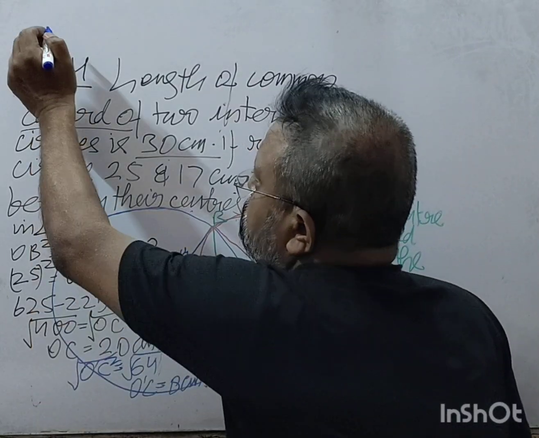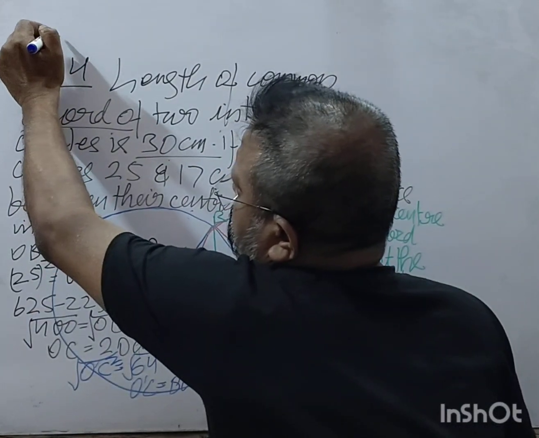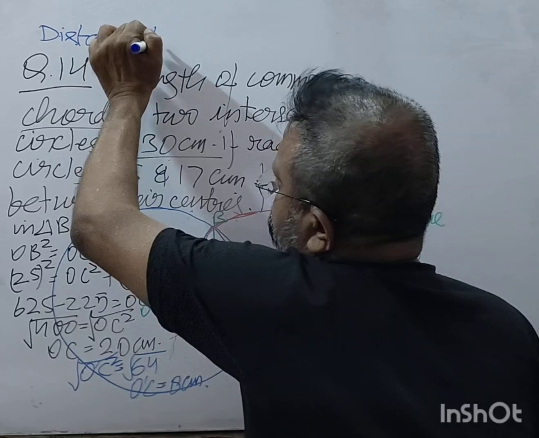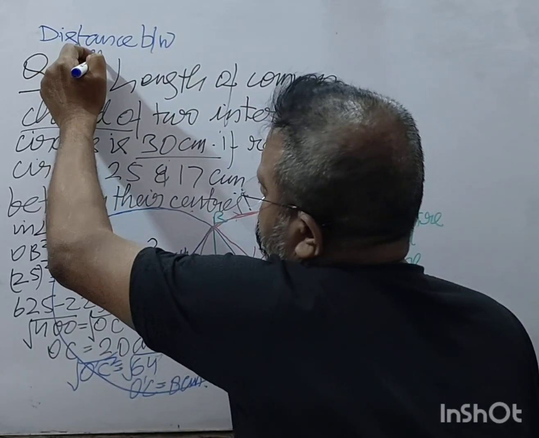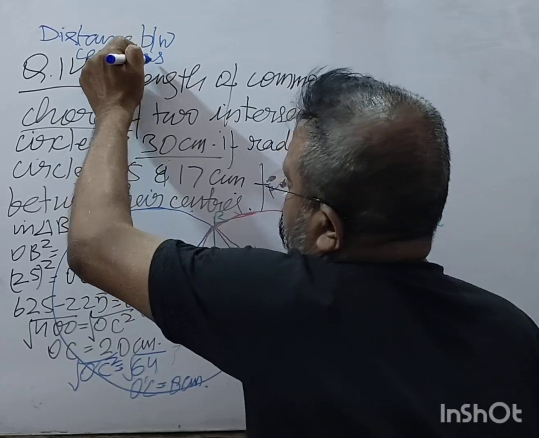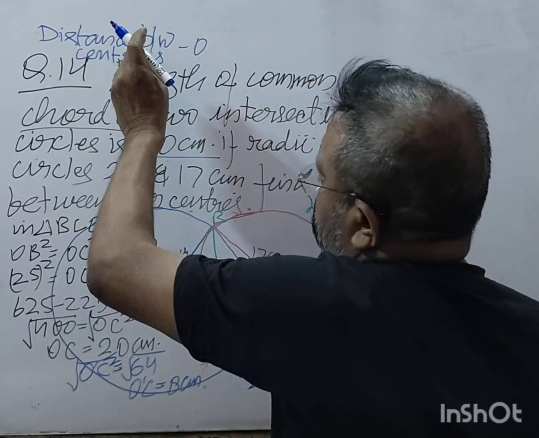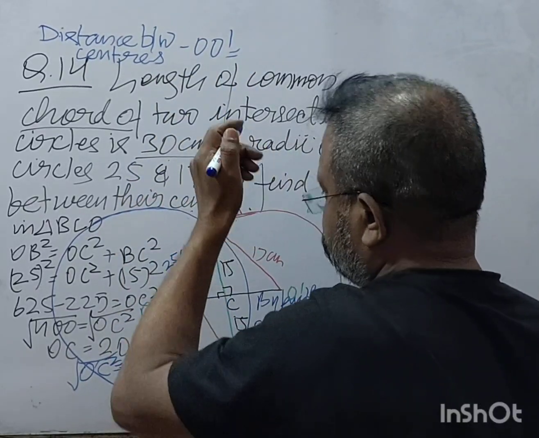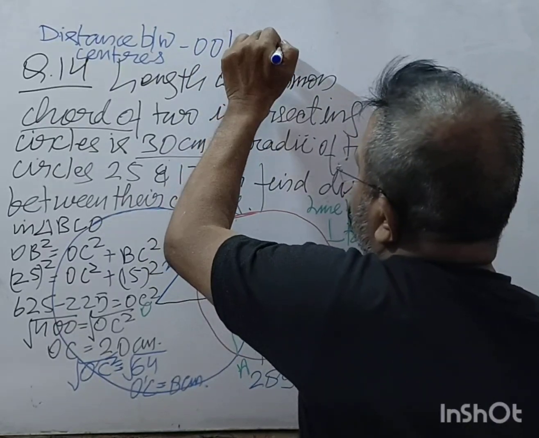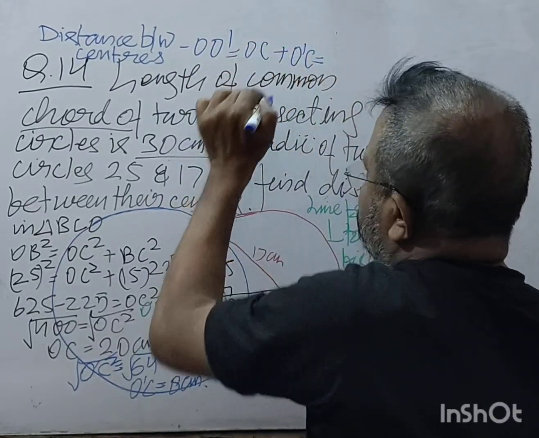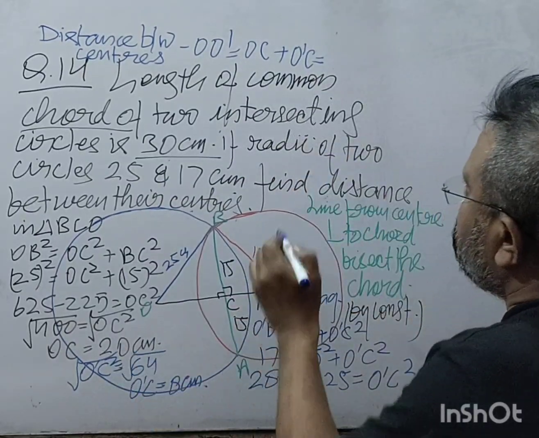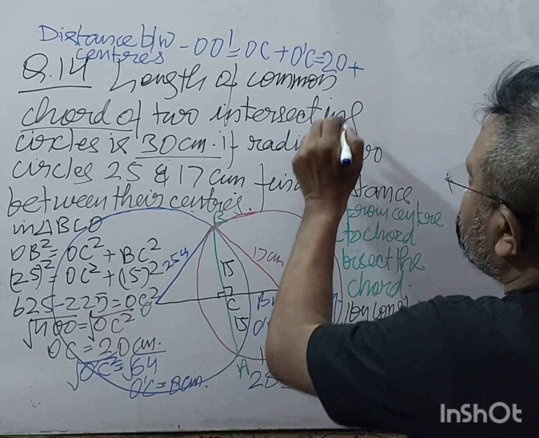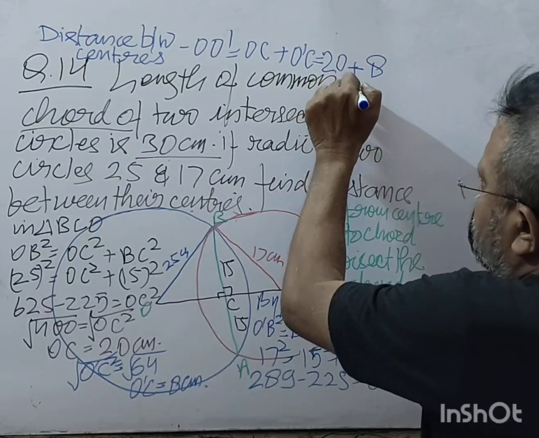So now the distance between the centers, between O and O dash, is equal to OC plus O dash C. OC is 20 plus 8 is equal to 28 centimeter.